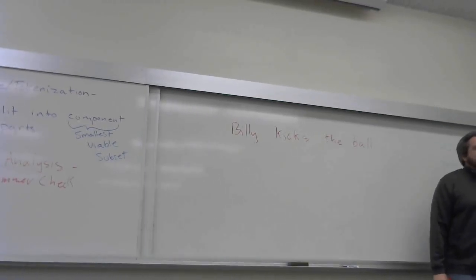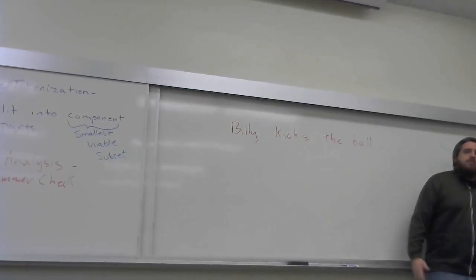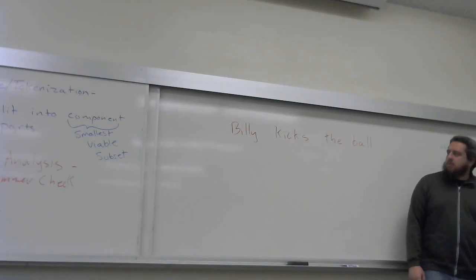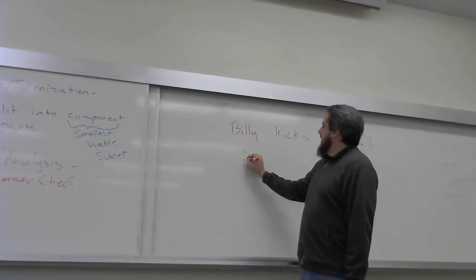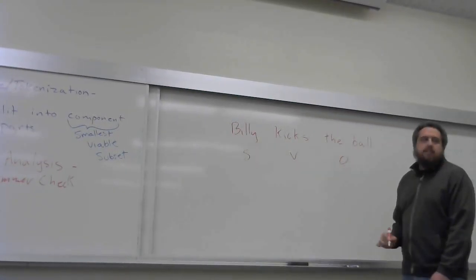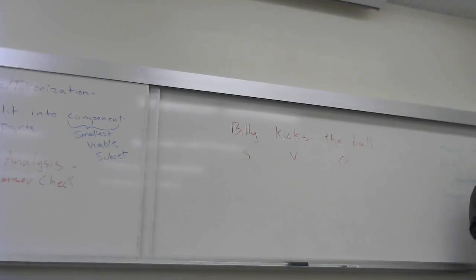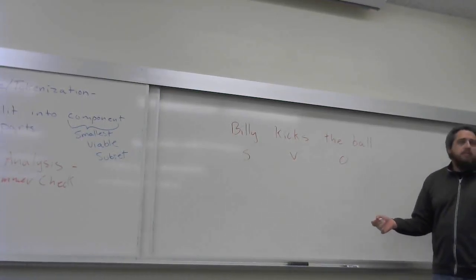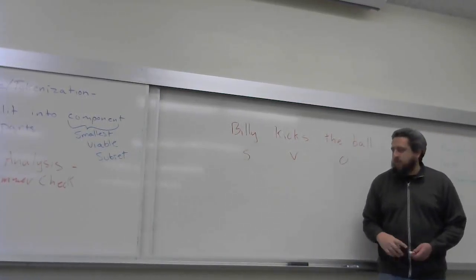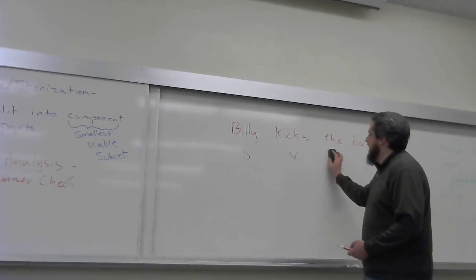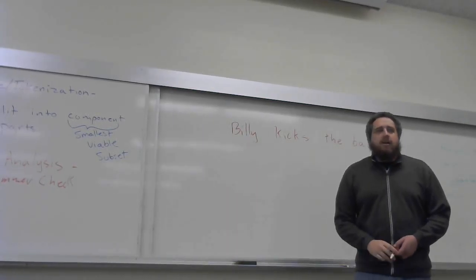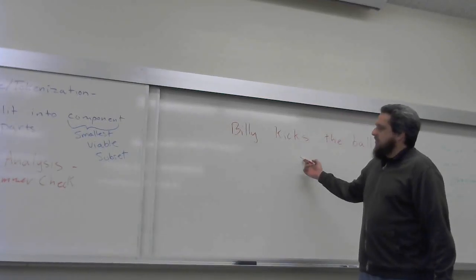So Billy kicks the ball, right? How do we know that this is grammatically correct? Well, we have a subject, verb, object. And we know that English subject, verb, object is acceptable because of the way we're doing it when we're doing a lexical analysis, grammatical analysis.